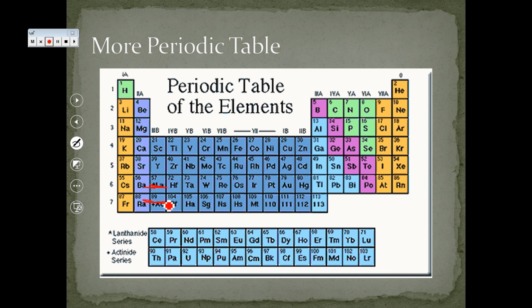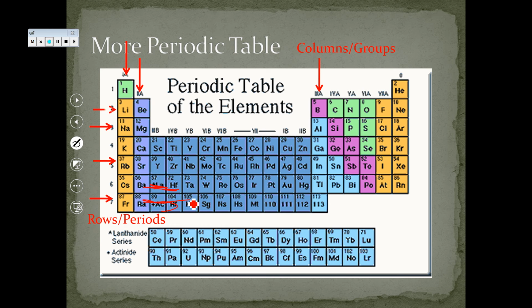So you kind of have to think about pulling those elements apart and sticking these two bottom rows in there. The reason the two bottom rows are always put on the bottom, though, is that if they were put in their proper space, the periodic table would be way too long or wide to put in a standard textbook. So it's made convenient by putting them on the bottom there.